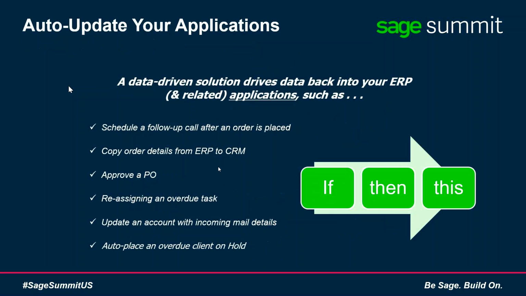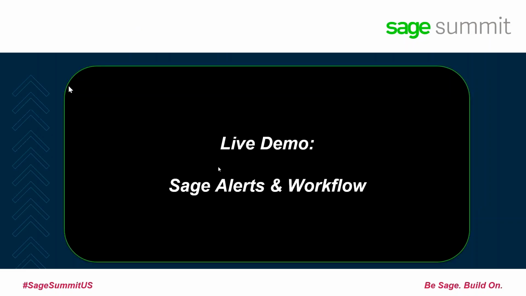So Alerts and Workflow can go back into your Sage 300 system, put a delinquent customer on credit hold, create a purchase order for an item that's approaching its reorder level, or potentially even notice that a client has changed their buying habits and perhaps go into a CRM or sales application like Sage CRM or even Microsoft CRM or Salesforce.com and actually schedule a follow-up phone call for the corresponding salesperson to make to that customer.